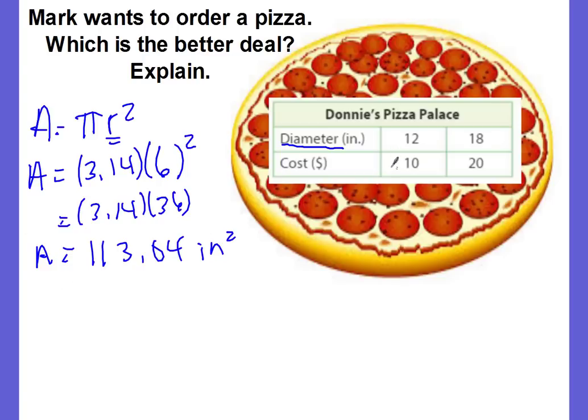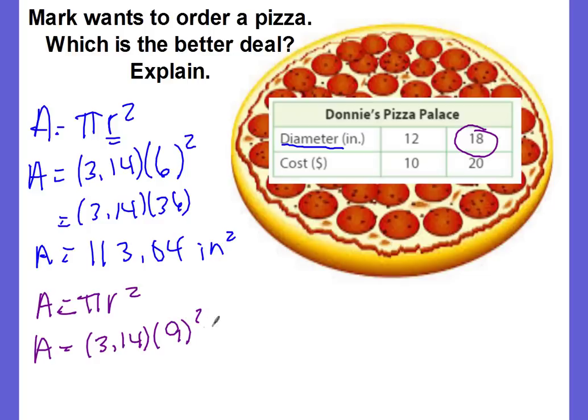Okay, let's go ahead and find the area of the larger size pizza. Area equals pi r squared. All right, go ahead and pause the video, write your equation, come back and check your answer. All right, did you put 3.14 times 9 squared or did you use 18 squared?